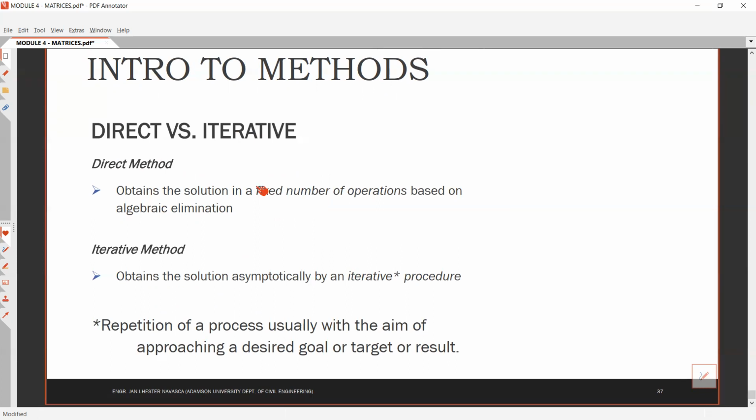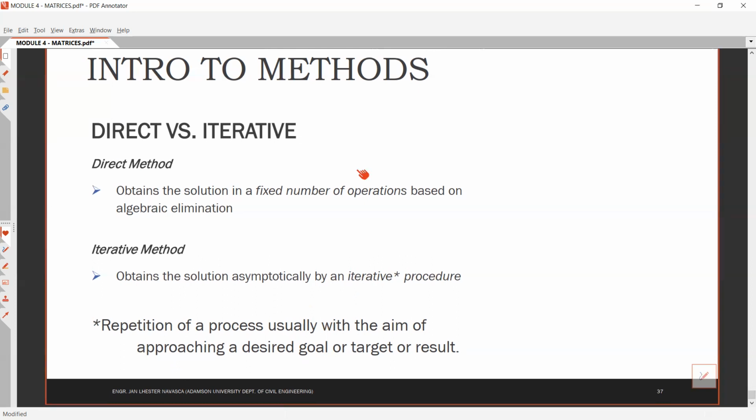So for the iterative method naman, okay, it will base on the solution using iterative procedure. Okay, so repetition of a process usually with the aim of approaching a desired goal or a target result. Okay, so ito yung iterative method. So basically medyo parang trial and error siya.